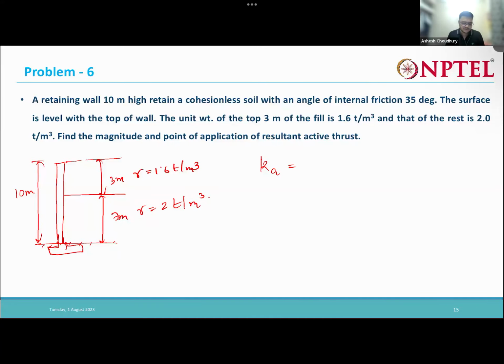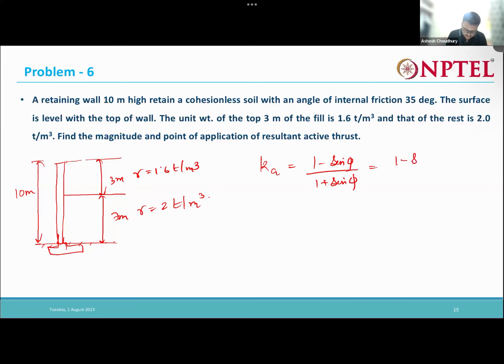How can we find out the active earth pressure coefficient? What is Ka? Please, anyone can answer. What is the expression for the K value? So this K is related to phi, the angle of internal friction. Yeah, correct. 1 minus sin phi by 1 plus sin phi.